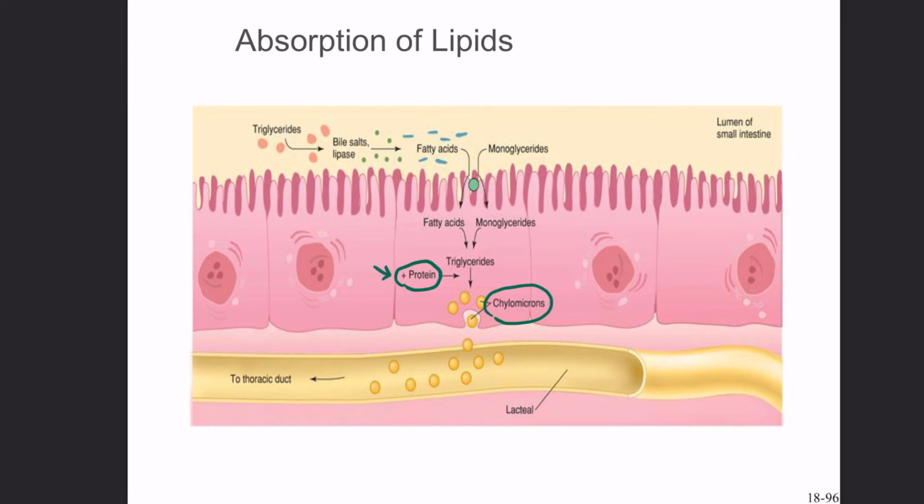And these are larger, and so they can't actually travel through blood, and they do not travel through blood. And as you can see here, it's traveling through lymph fluid via these vessels called lacteals. And these lacteals are found in the villi of the small intestine.